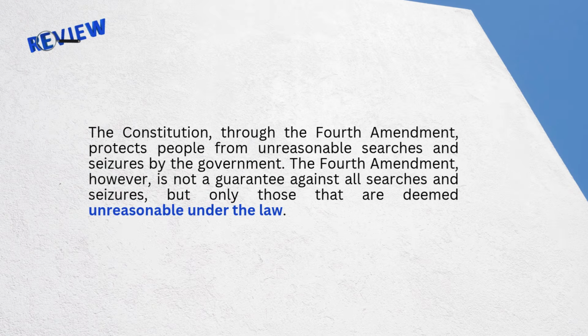The Constitution, through the Fourth Amendment, protects people from unreasonable searches and seizures by the government. The Fourth Amendment, however, is not a guarantee against all searches and seizures, but only those that are deemed unreasonable under the law.